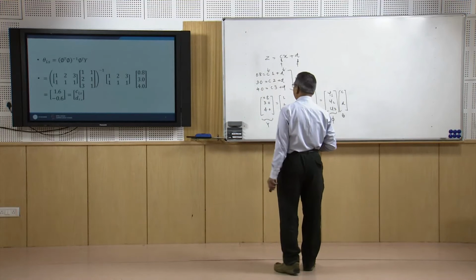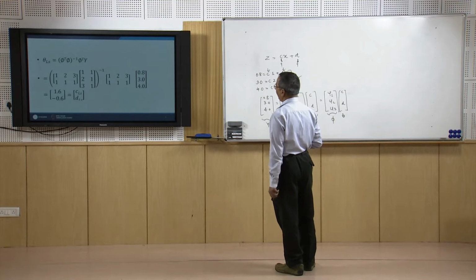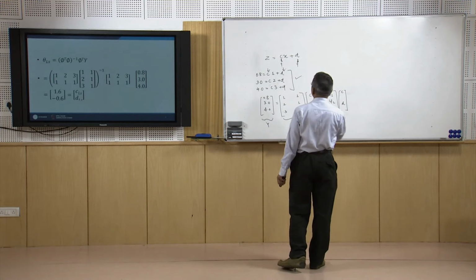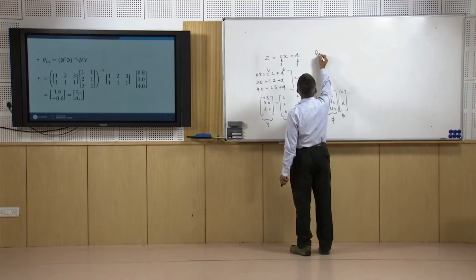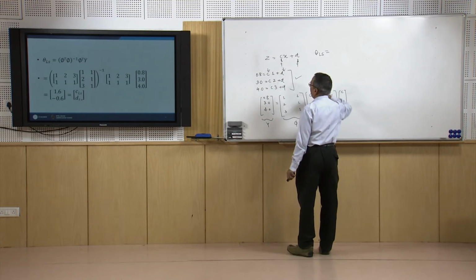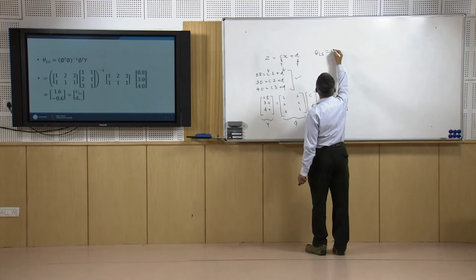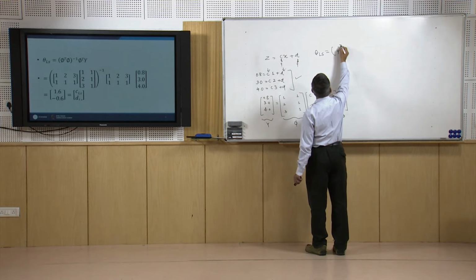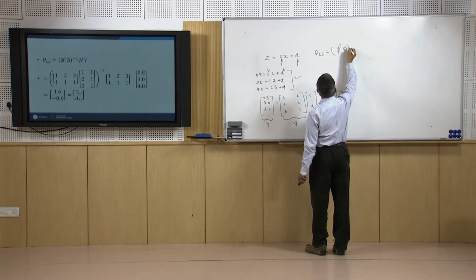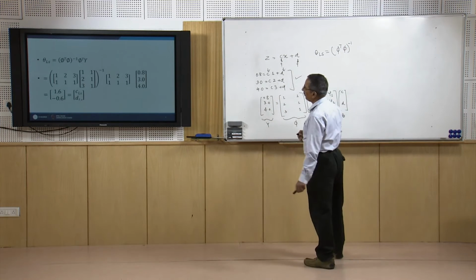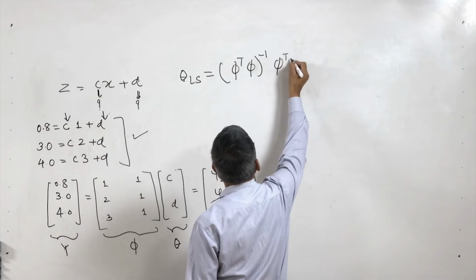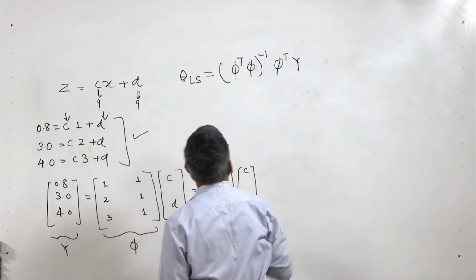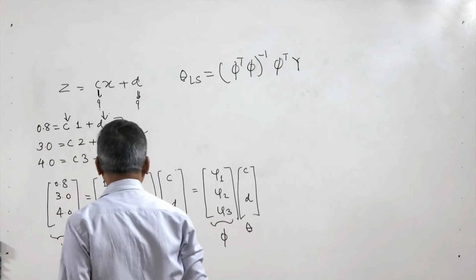Now, the relation for the least square value which we have seen. So, the theta least square was our phi transpose phi inverse, into phi transpose and y. So, this is what we had.